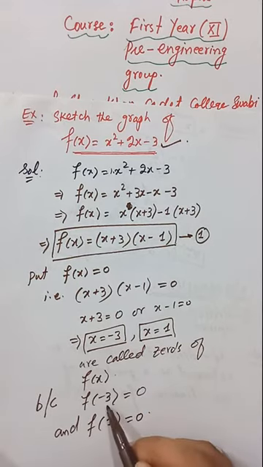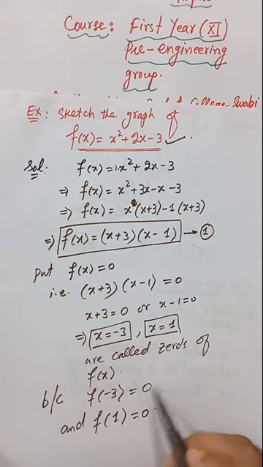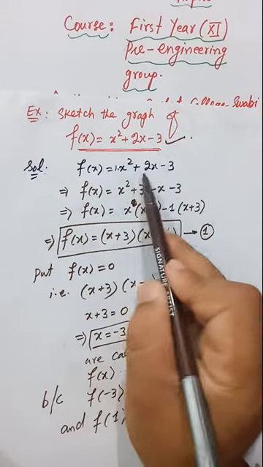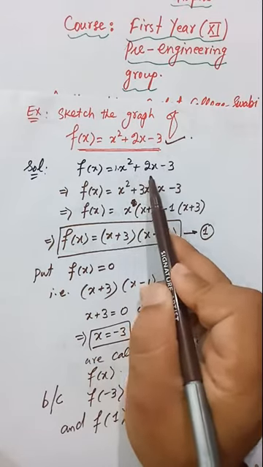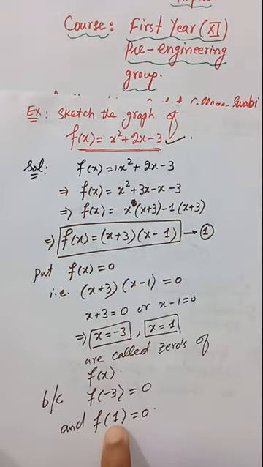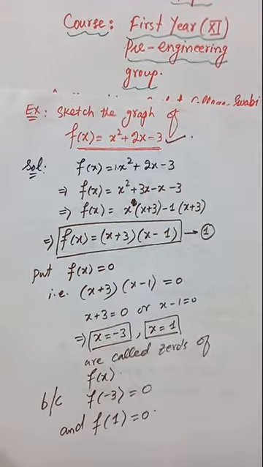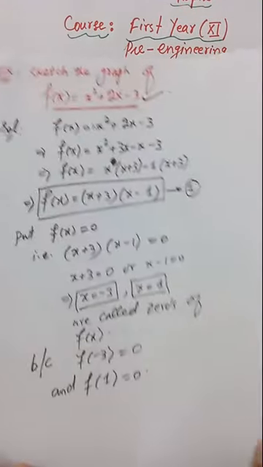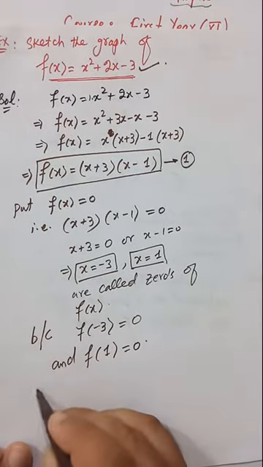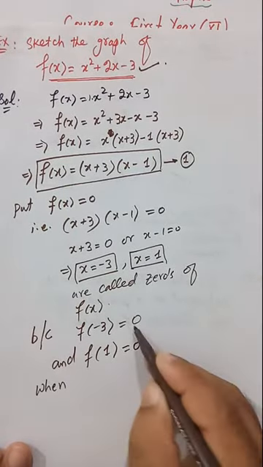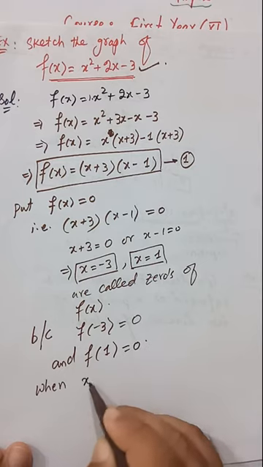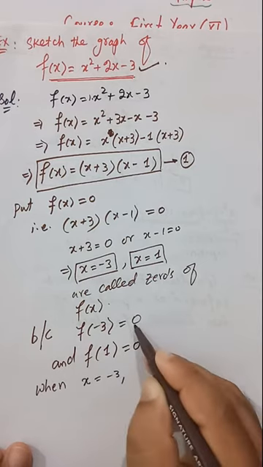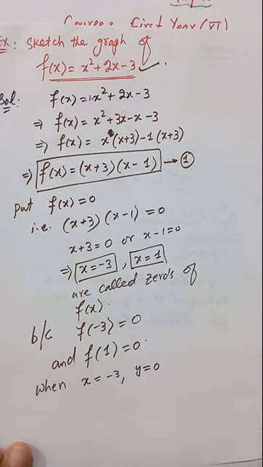A zero of the function is such a value that if we plug it in place of the variable and calculate, you will get 0. If you plug in minus 3 here and calculate, you will always get 0, and when you plug in 1, you will also get 0. So these are the zeros of the function. So from here we conclude that when x is equal to minus 3, you clearly see that y is equal to 0.